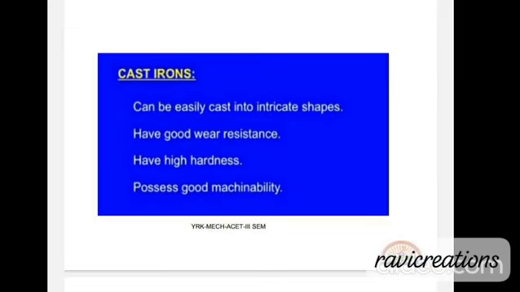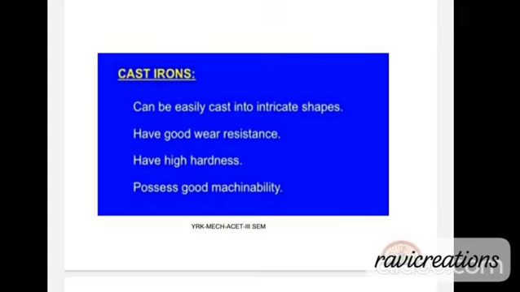These cast irons can be easily cast into intricate shapes, have good wear resistance, as I have just told, have high hardness and possess good machinability. These are the characteristics or features of cast irons.